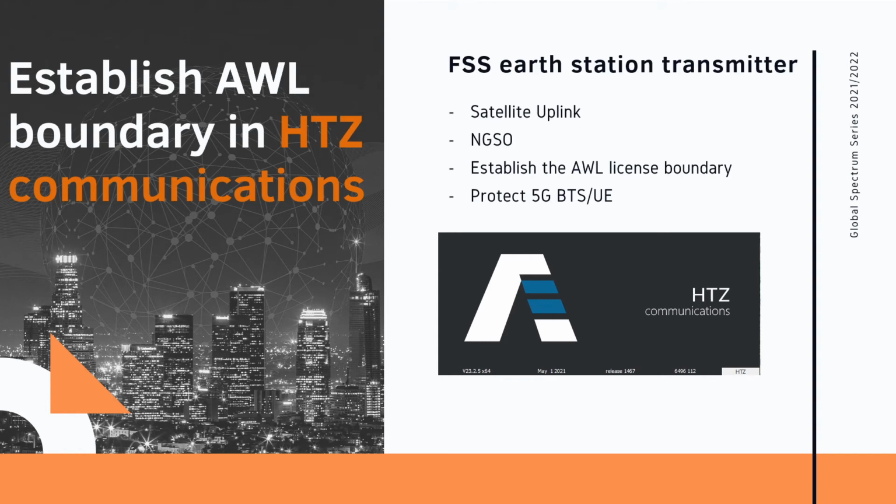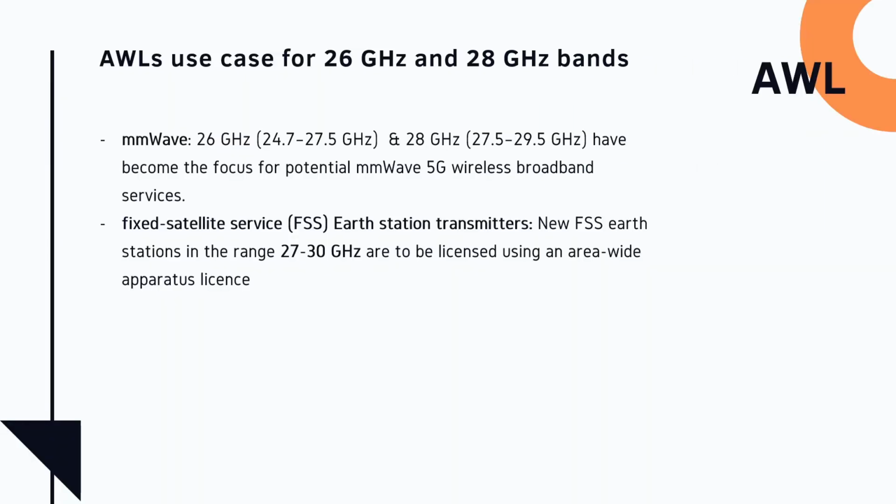The tool used for this use case is HTZ Communications from HDI. So we're going to use that tool to demonstrate how this AWL license boundary is established. There is also a webinar on this topic, a very long webinar.